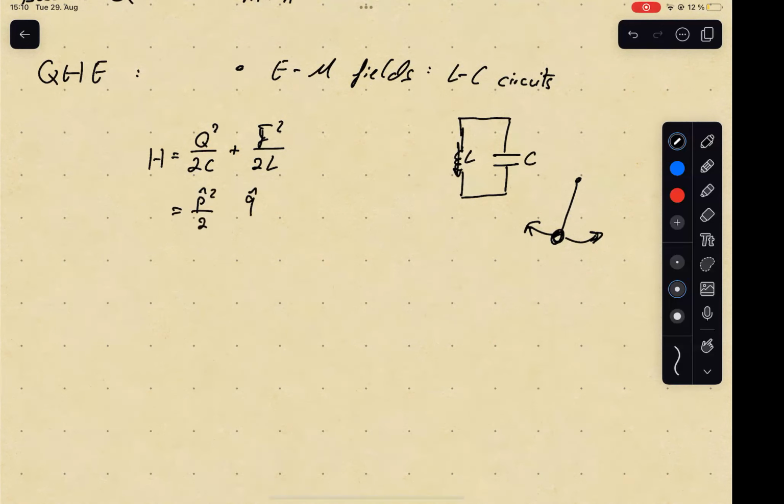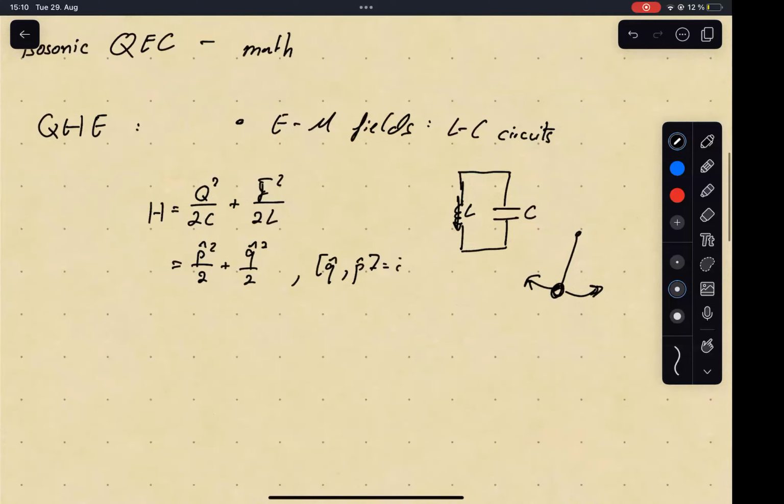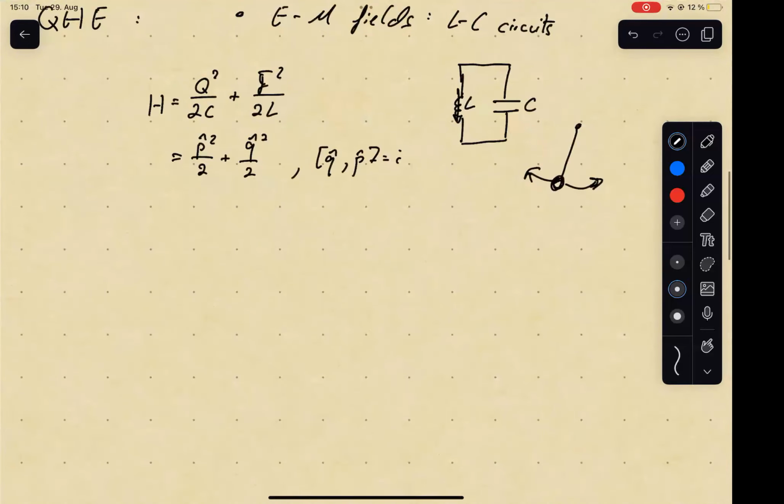So this is (P squared plus Q squared) divided by 2. This is how the Hamiltonian looks. If you quantize this, you acquire the commutation relations [Q, P] equals i. H bar is also 1. Everything's 1.